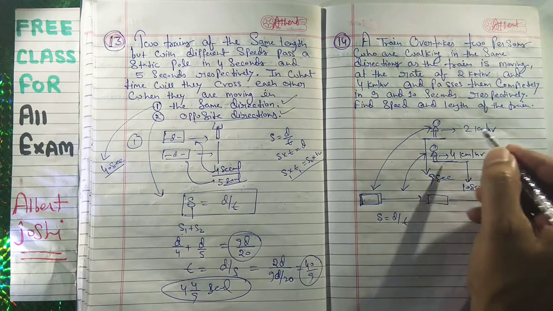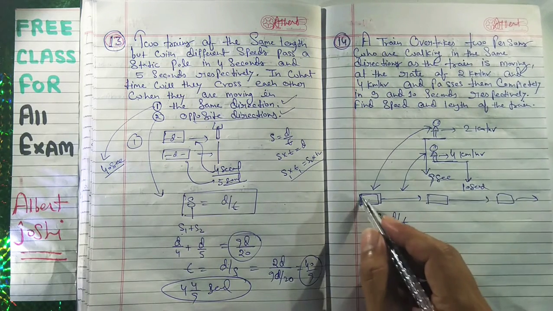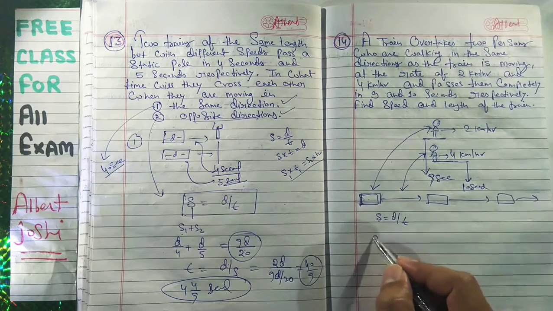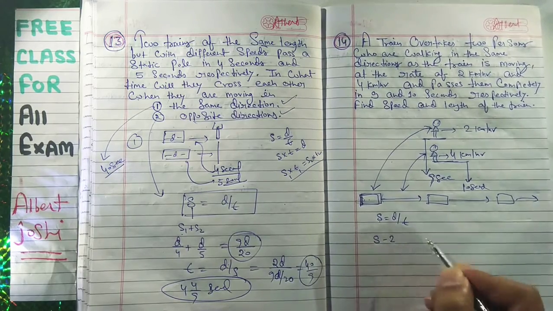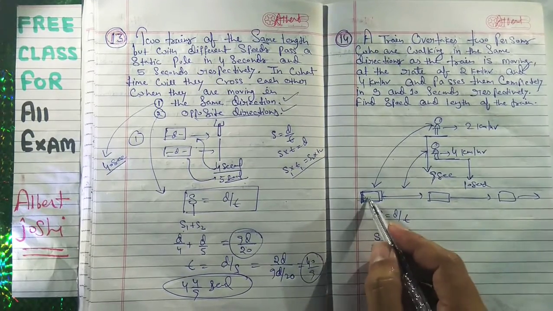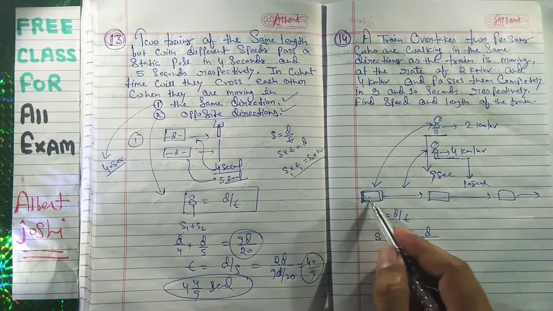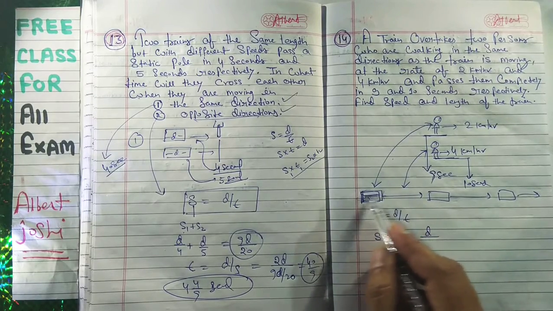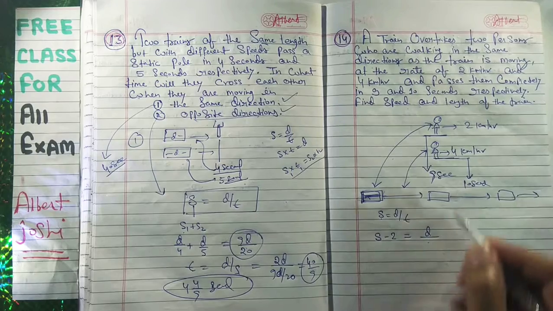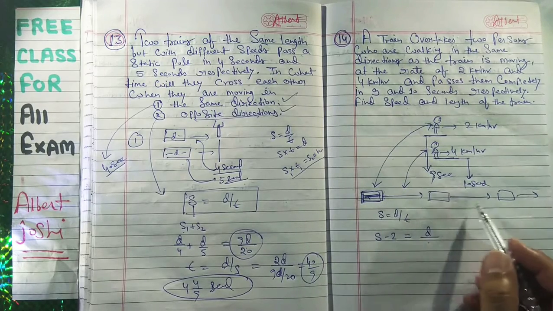I don't know the speed of the train, so let its speed be s. The relative speed is s minus 2. Speed is equal to distance, let the length of the train be d, upon the total time it has covered.